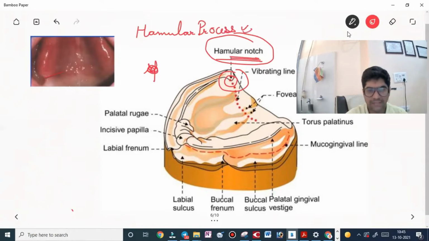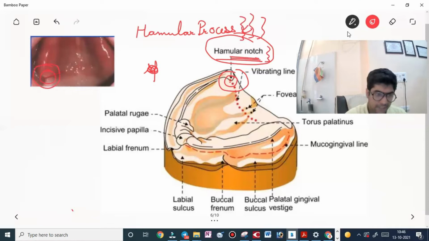The denture border should extend over the hamular notch and not over the hamular process. So this is the hamular notch. You can see it is present between the maxillary tuberosity and the hamular process of the sphenoid bone.